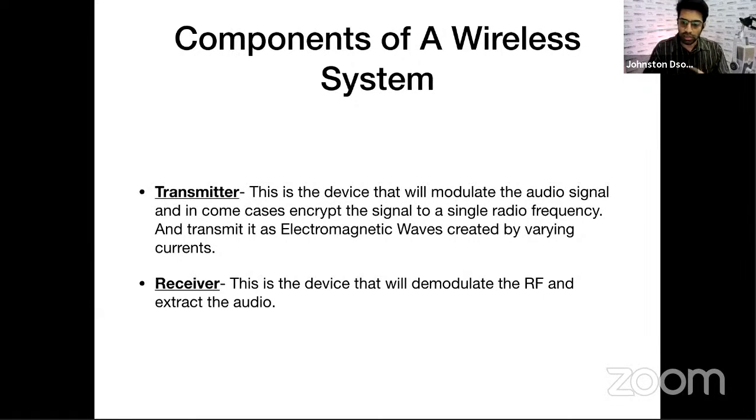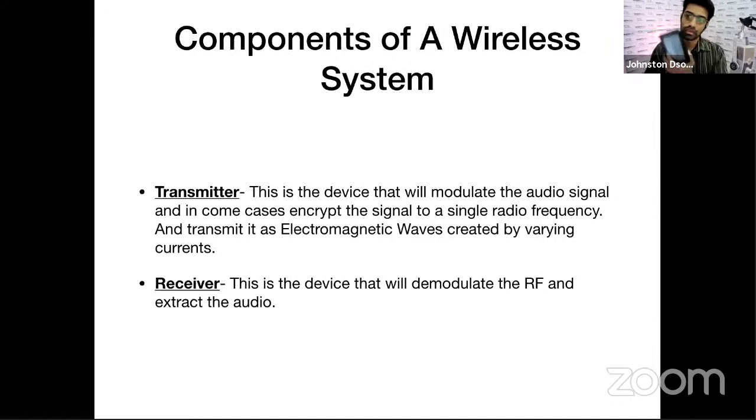So now let's go on to the components of a wireless system. Any wireless system will have two main components: the transmitter and the receiver. The transmitter is the device that takes your audio signal, modulates it to a radio frequency, and transmits that.